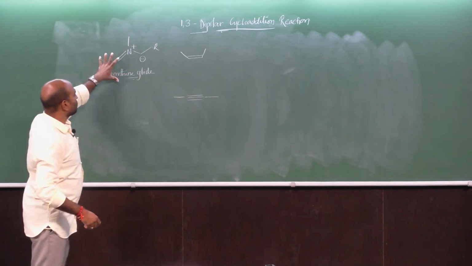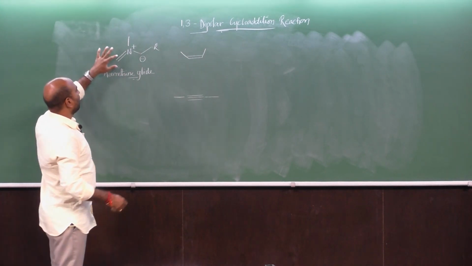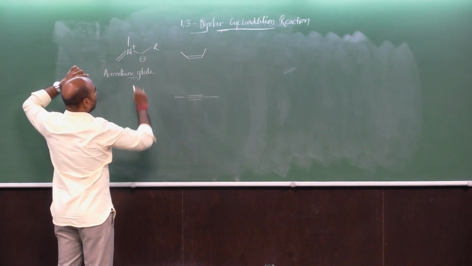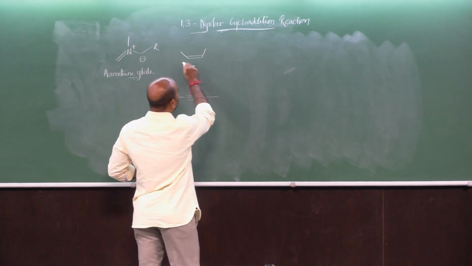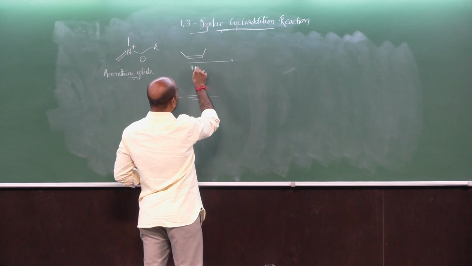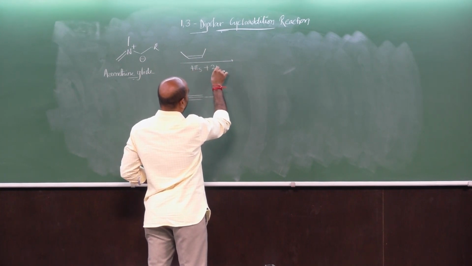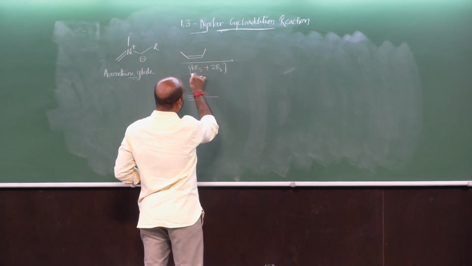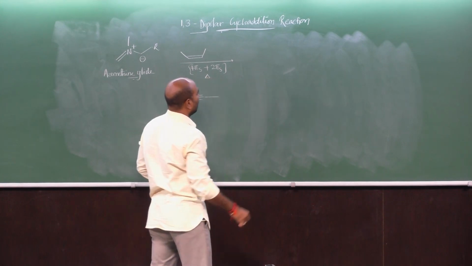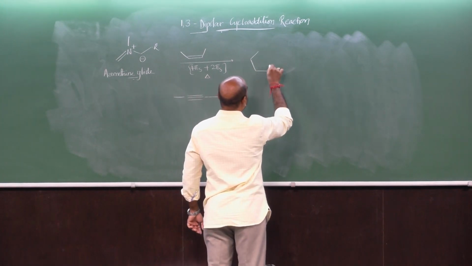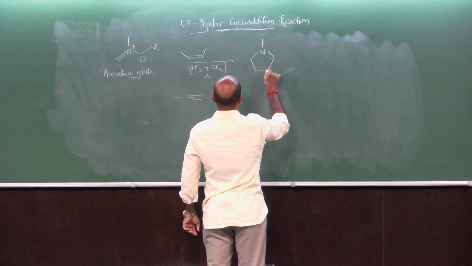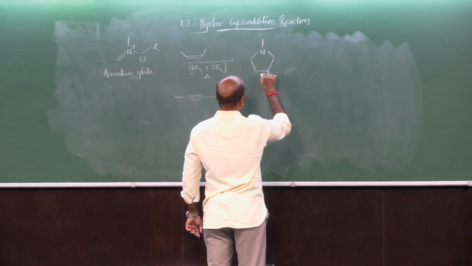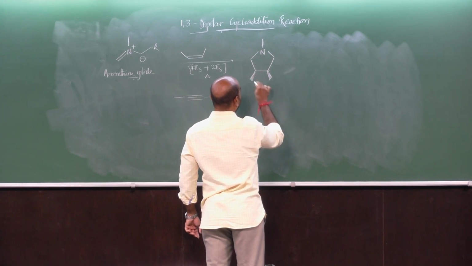So, this is the azomethine ylide where the negative charge is on the carbon atom, and this on reaction with an alkene undergoes a 4 pi supra plus 2 pi supra cycloaddition reaction under thermal condition, and as a result it produces pyrrolidine. So, the methyl groups are cis.